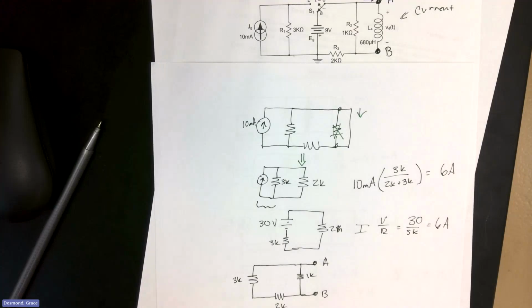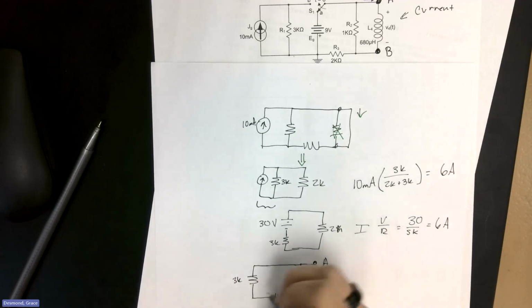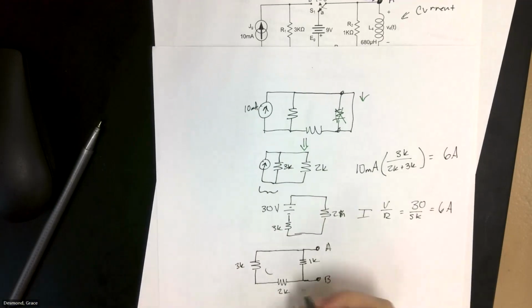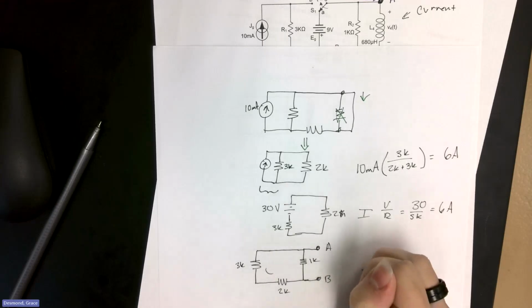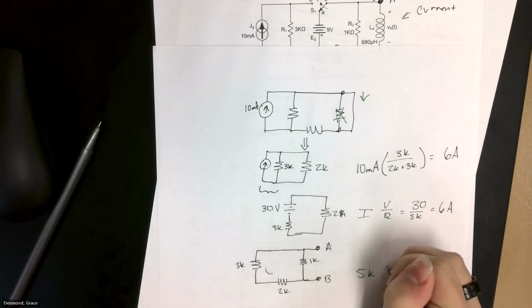And remember, with simplifying, always start from however far away from the terminals you are. Don't start at the terminals. If the terminals are on the right, start at the left. These are in series. It's going to be 5K.